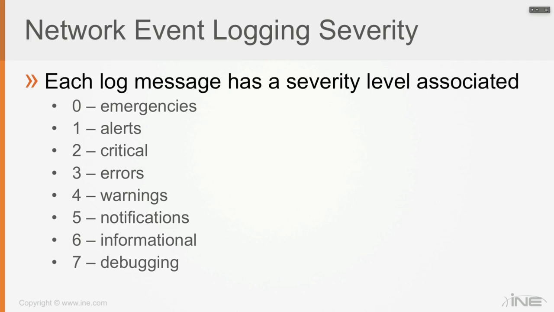Emergencies means that the IOS or ASA are going to send a log message with a level of 0 only in case of emergencies, like, for example, the CPU goes high. I don't know exactly which messages are associated with each severity level. So 0 is emergencies, 1 is alerts, 2 is critical, 3 is errors, 4 is warnings, 5 notifications, 6 informational, 7 debugging.